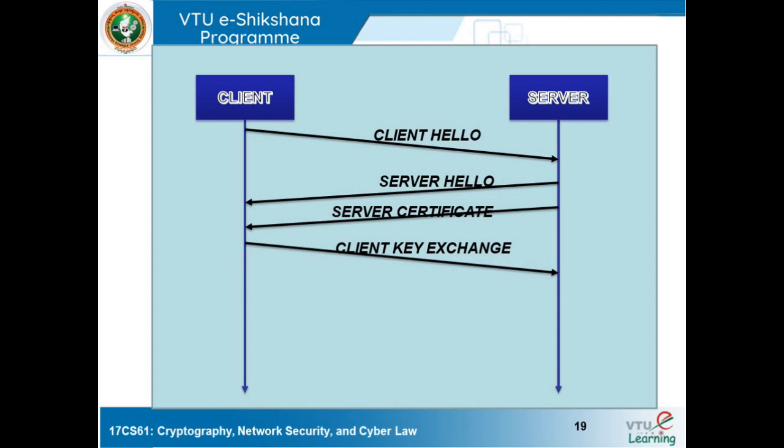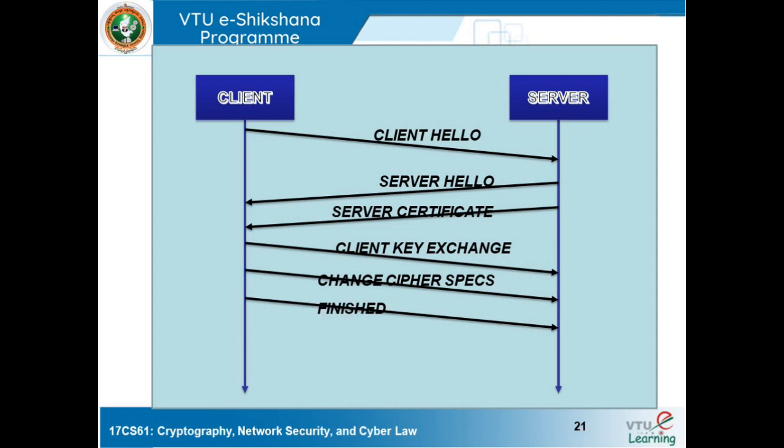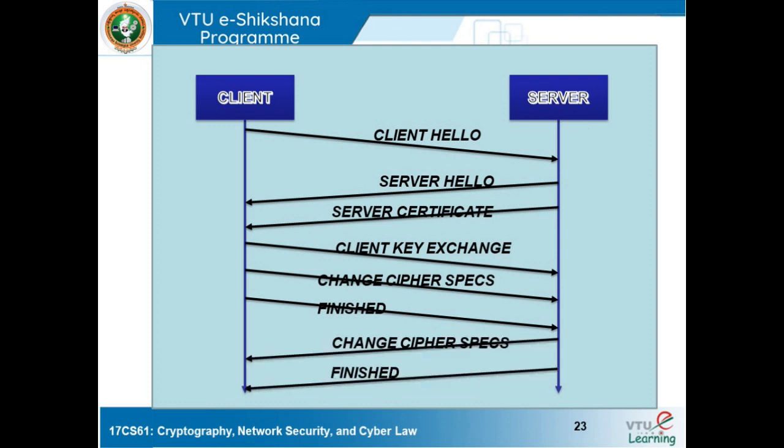So having understood these basic secrets, we move on to step 4. Now in step 4, there are actually 4 communications that are involved. The first 2 communications, that is the change cipher spec and the finished, are sent from the client to the server. And then there are another 2 communications which are sent by the server to the client.